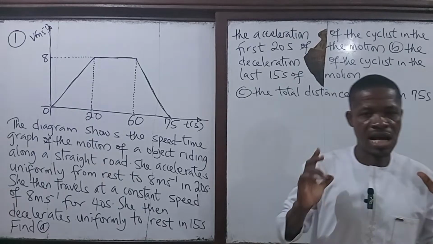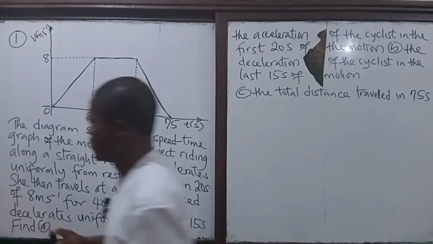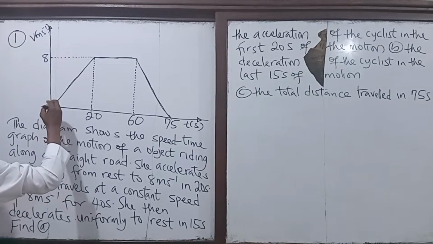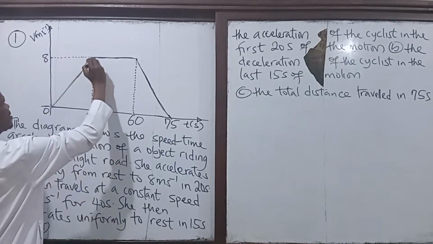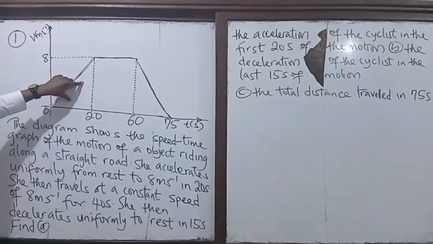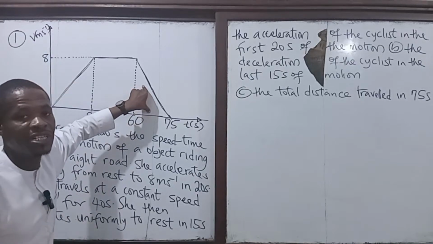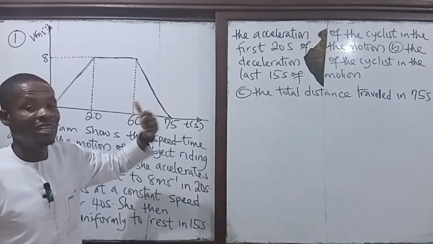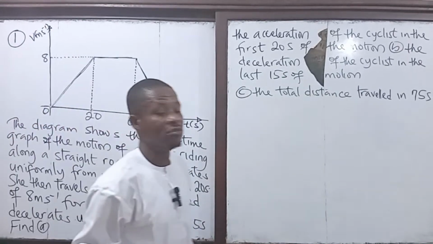If you are looking for acceleration, it is here. The first triangle will give you acceleration. The last triangle, when you come to rest, will give you your deceleration or retardation.